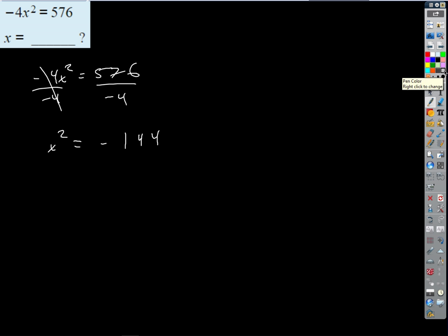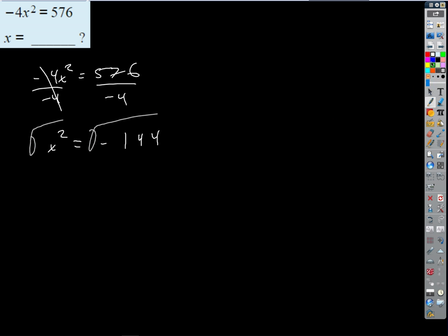Isolated variable, no big deal. What do I do? 2 steps. Divide by -4. So that's going to give me -144. Now what? Square root.